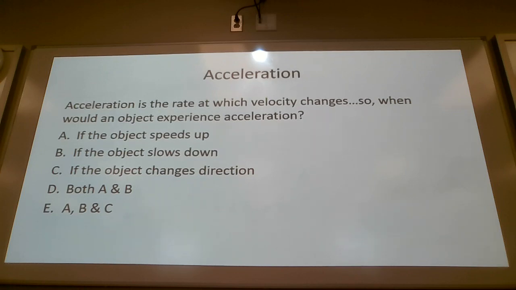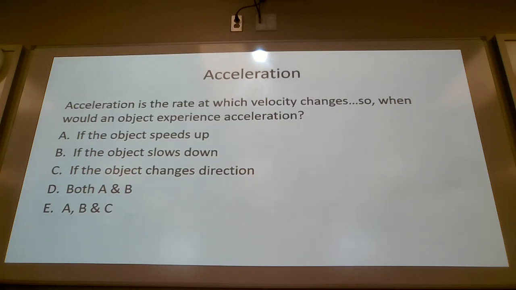Okay, so velocity communicates two things. What are those two things? Speed and direction. It's a vector. So if you change either one of those two things, speed or direction, that constitutes acceleration. Everybody's fine with that. That's how we use it in normal everyday life. But if you slow down, you're also changing your velocity.